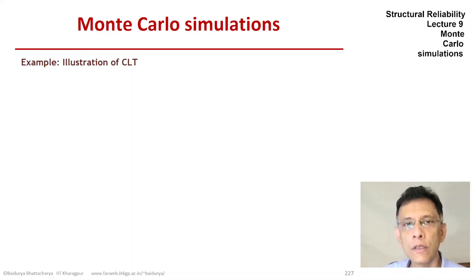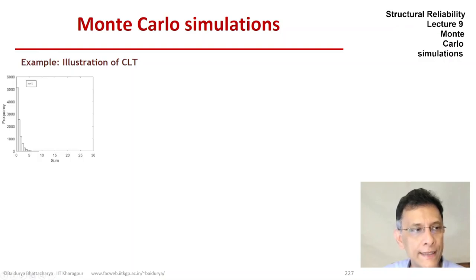Let's continue with our example of simulating exponential random variables and see if, when we add a few of them, the central limit theorem seems to be kicking in. So this is what we did.